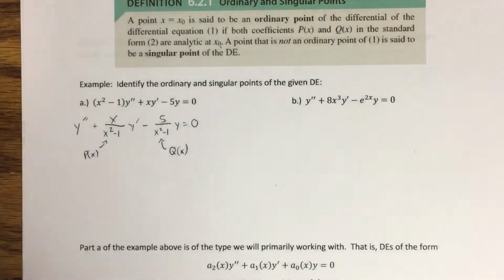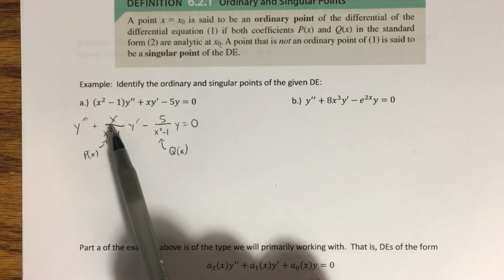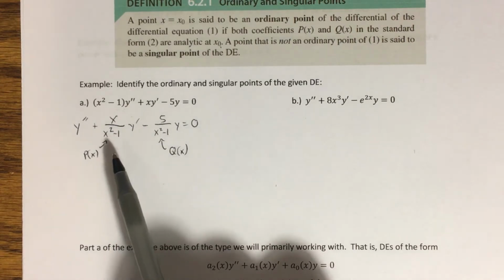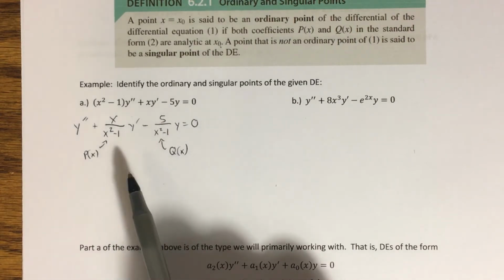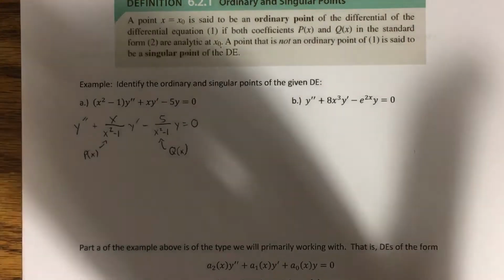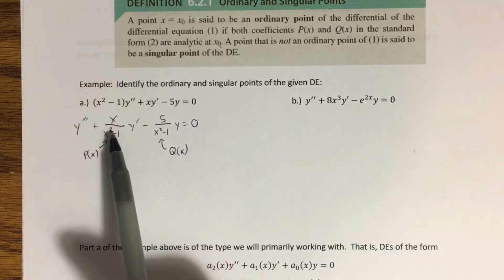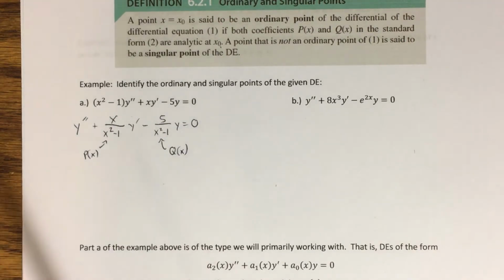Now, looking at this, we have to figure out how we are supposed to find ordinary and singular points. Well, ordinary points are going to be points where these two functions are both analytic, which means we can find a power series for each of these. Now, with rational functions, there is an important property that we're going to use here, which is that a rational function is always going to be analytic at any point in its domain.